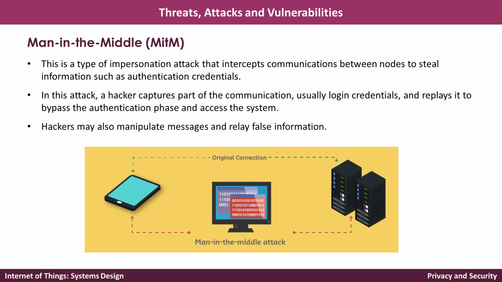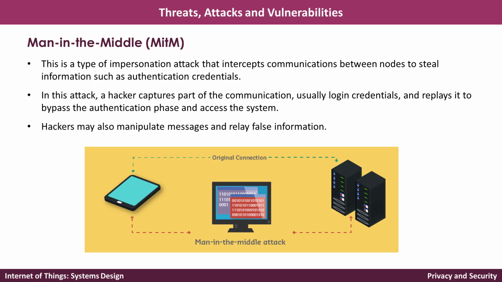The next type of attacks are man-in-the-middle attacks. This type of attack is where impersonation happens in the middle, where the malicious party would intercept the communication between two nodes and steal information such as authentication details or any kind of data.